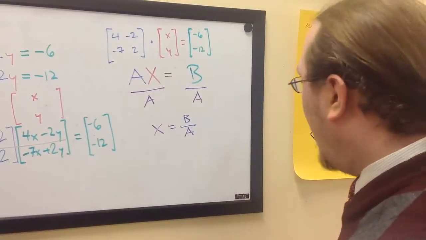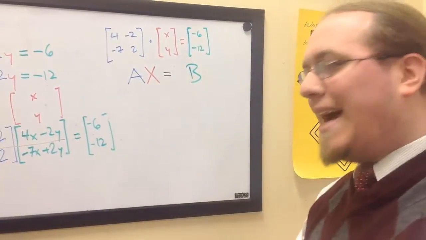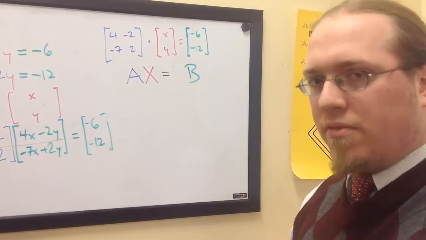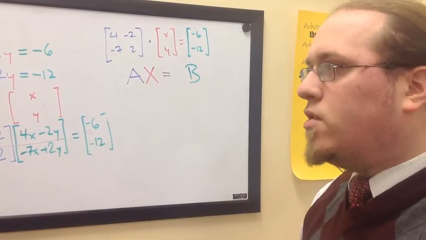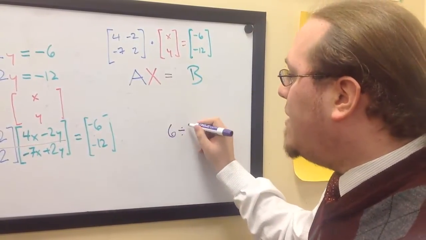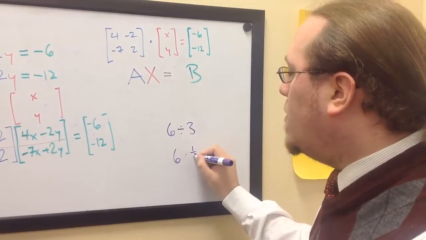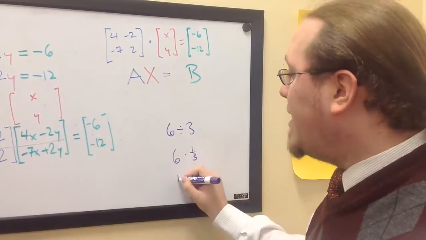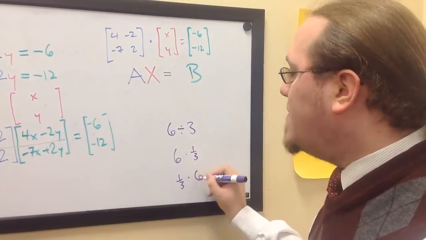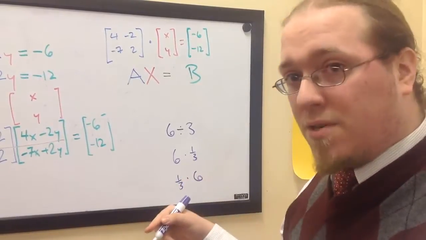Right? But the problem is, with matrices, we actually can't divide, for a couple of different reasons. First of all, realize that when I'm doing something like 6 divided by 3, that's just like saying 6 times 1/3, which is of course the same thing as 1/3 times 6, because multiplication with regular real numbers is commutative.